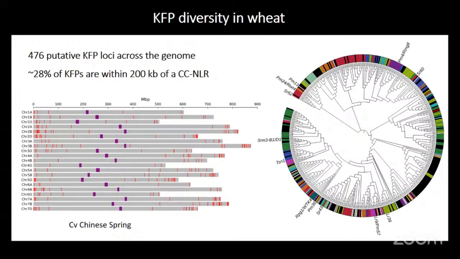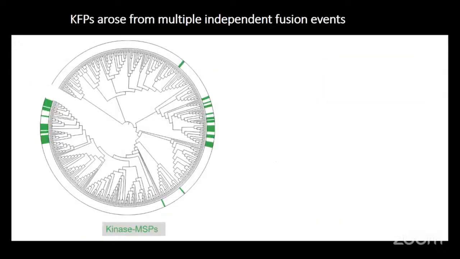And the phylogeny on the right shows the type of kinase fusion proteins, with the known ones shown on top. Okay. Now, what's interesting is that some of these fusions appear to have evolved independently.